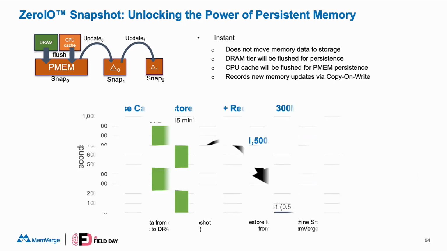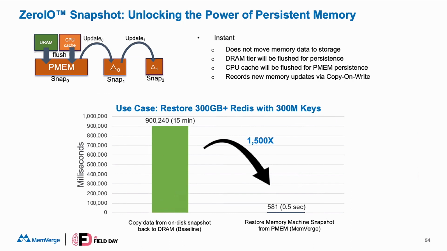Okay, I want to mention a few use cases here. The first use case is, as I mentioned, with the snapshot capability we can restore large in-memory databases within less than 1 second. What I show here on the left-hand side is the time it takes to restart a Redis database that uses 300 gigabytes of memory, which represents 300 million key value pairs.